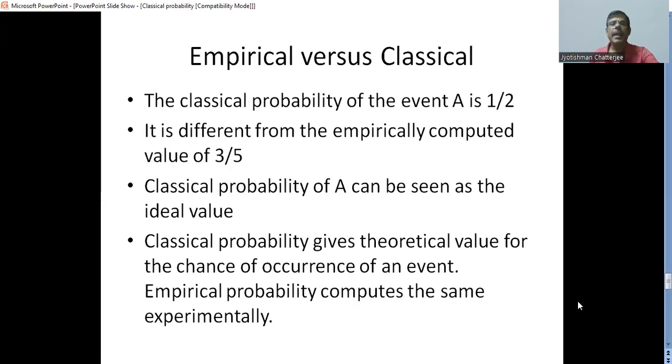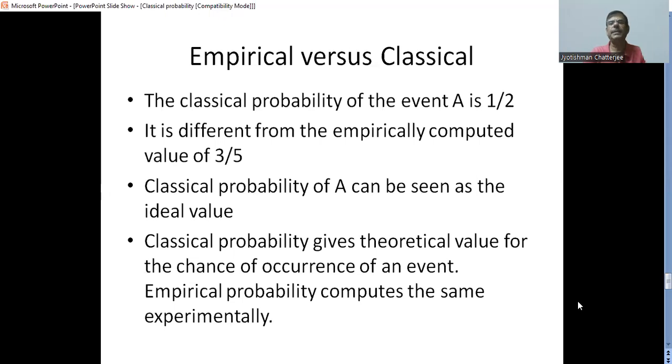Now comes empirical versus classical. For the same event, by the definition of classical probability, we have already calculated the probability of that event to be equal to half, because the number of favorable outcomes, or the size of A, is 3 and the size of omega, the sample space here, is 6.